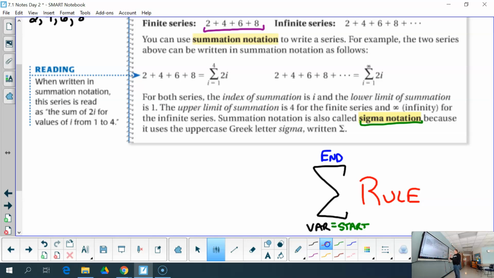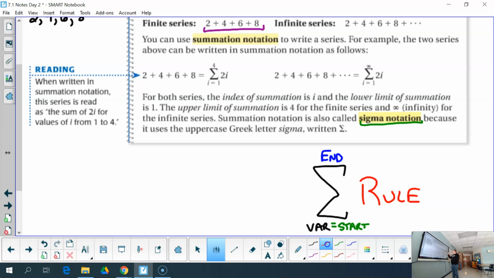And how you find the values of that sequence or that series is you take the starting value and you plug it into the rule. That's going to give you out a number. Then you take the next whole number, the next integer, plus 1, if you will, and you plug that one into the rule, and you get out that term. And you keep repeating that process, plugging in the next integer until you reach the ending value, and then you stop.